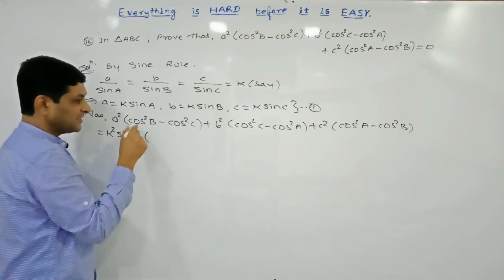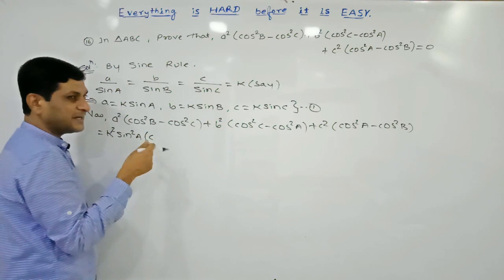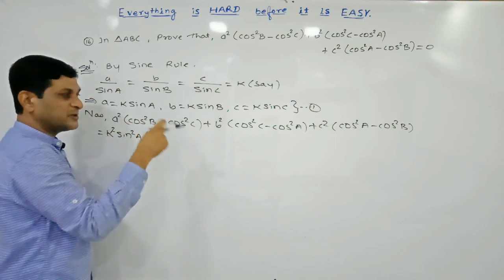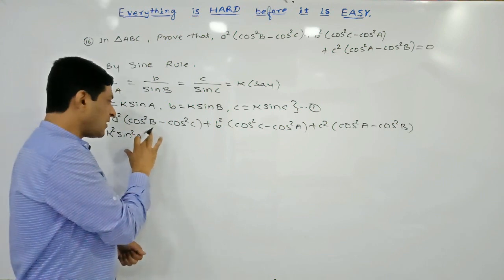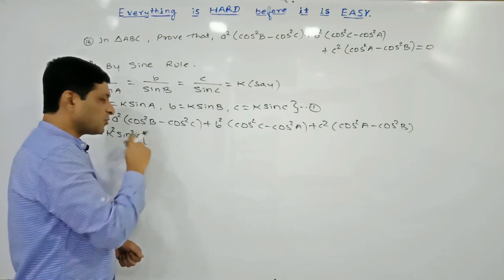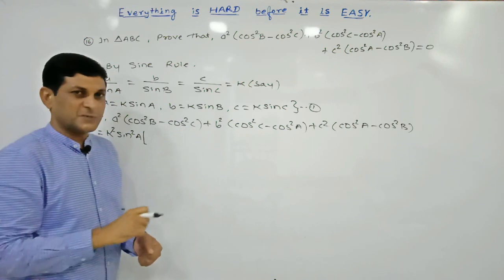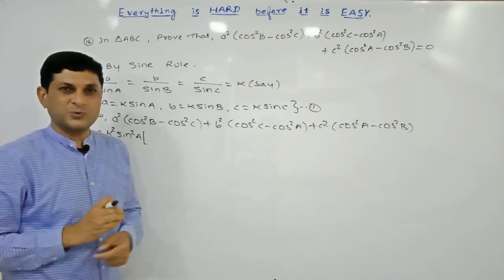In this bracket, parallelly I am trying to convert cos also in terms of sine. If we convert cos in terms of sine, the whole expression will be in terms of sine and it will become easy to simplify.